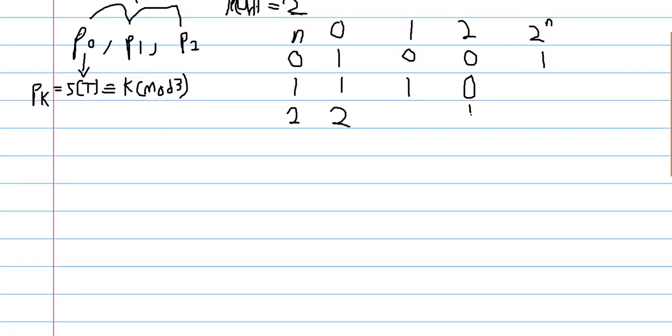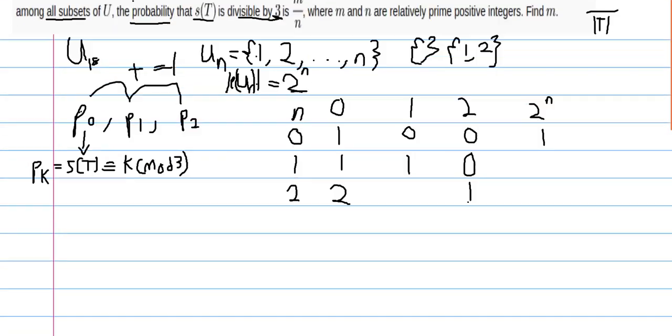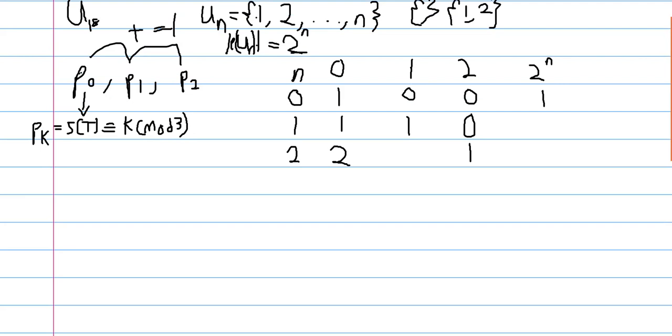Now we have one subset that's 2 mod 3, namely just the set containing 2. And for 1 mod 3, we still only have 1.